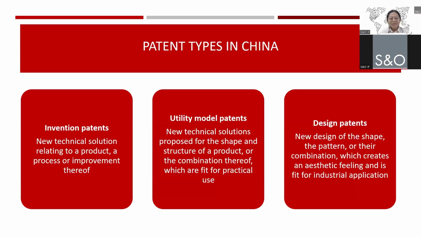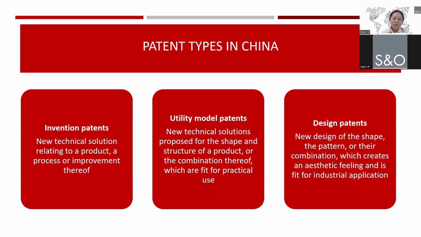Now, let us see the patent types in China first today. China patent law recognizes 3 main types of patent: invention, utility model, and design. Each serves a distinct purpose and comes with its own set of requirements and benefits.